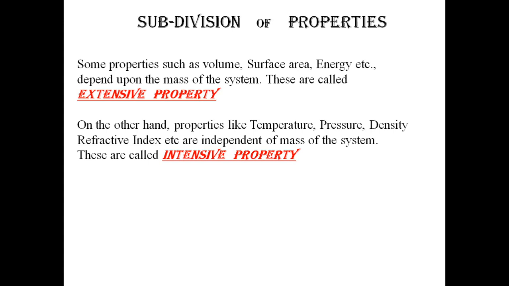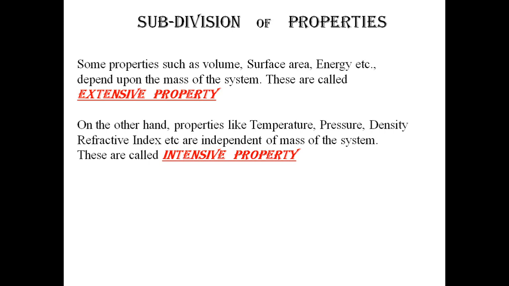Now you saw the parameters. These parameters also can be divided in two parts: extensive property and intensive property. Those properties which depend on the amount of mass of the system are called extensive properties. Suppose you have some volume of matter. If the matter's mass increases, the volume also will increase. The surface area also will increase.